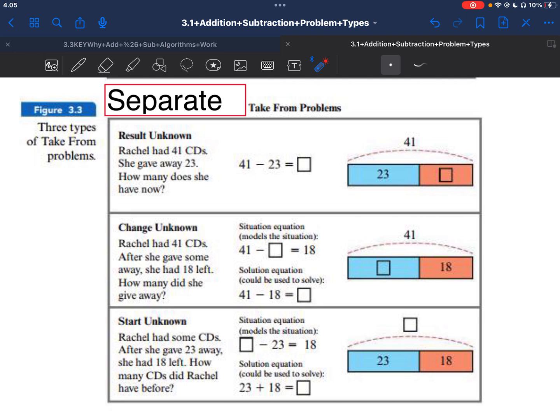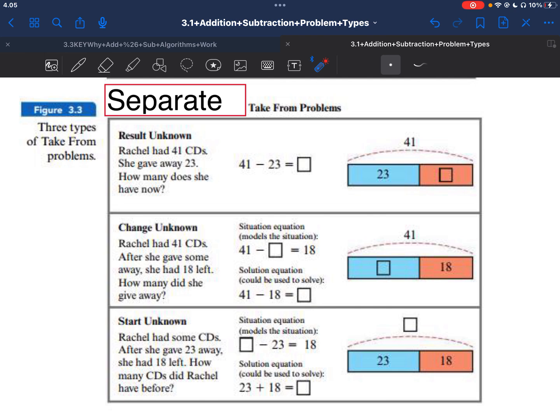She gave away 23, so that means subtraction of 23. How many does she have now? We're given what she started with and what we're taking away, but we don't know what the result is. That's why it's called the result unknown. And subtraction implies a separate problem.